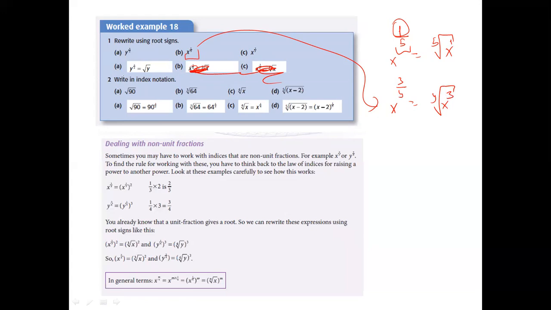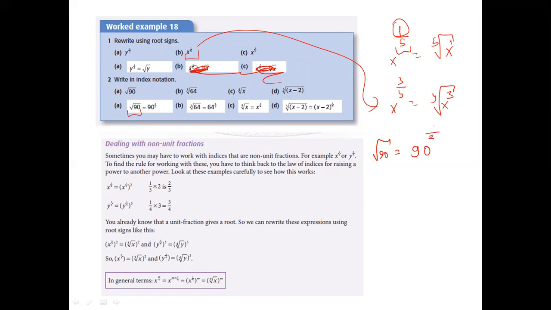And the next one, write in index notation. So this is the inverse operation of the first exercise, as here we are given radical numbers, and we need to change to index form. So the square root of 90 means 90 goes outside, and the power of the root is 2, the denominator.